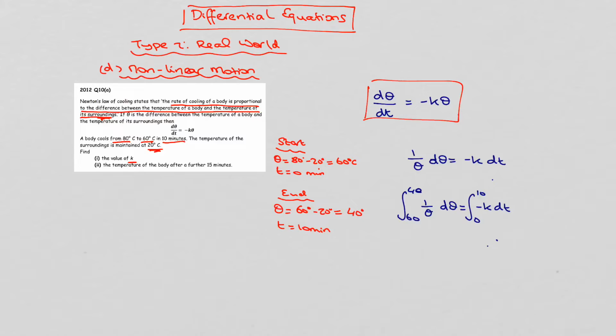Okay, so if I'm integrating 1 over theta with respect to theta, well then that's 1 over a linear function, and 1 over a linear function when we integrate is natural log. So we have natural log of theta between the limits of 40 and 60 is equal to minus k t within the limits of 10 and 0.